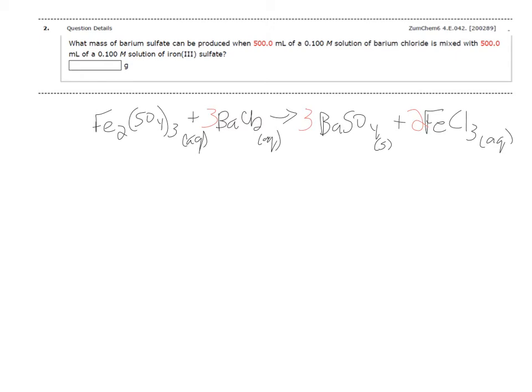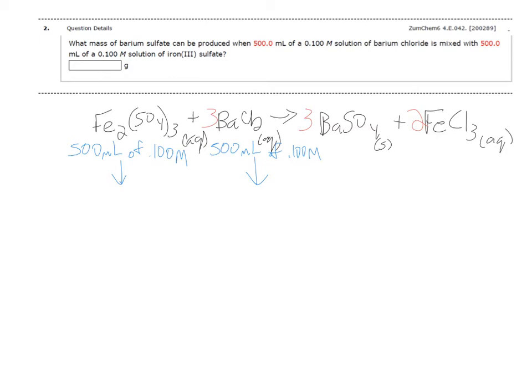And let's record the information they gave us. They tell us for both of the reactants a volume and a molarity. And in my case, the red numbers are the same. So 500 milliliters of 0.1 molar and 500 milliliters of 0.1 molar. From that, we'll calculate numbers of moles.